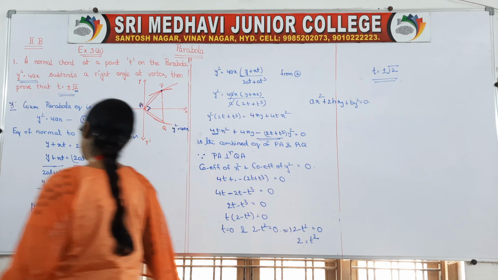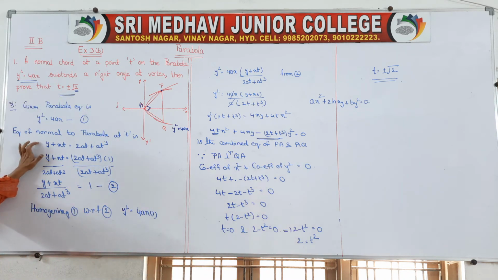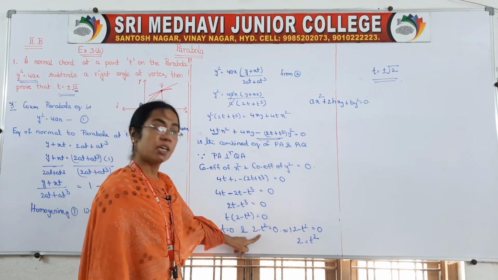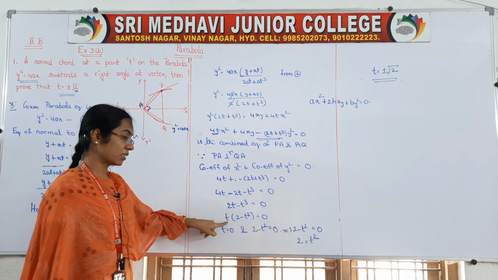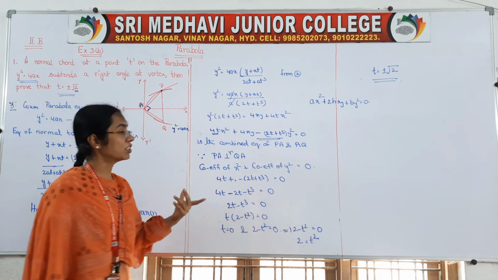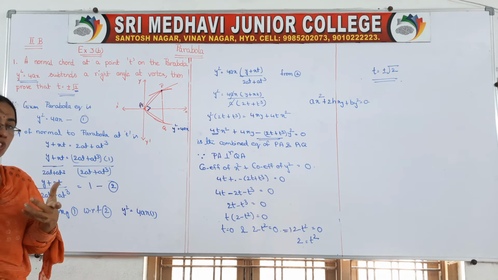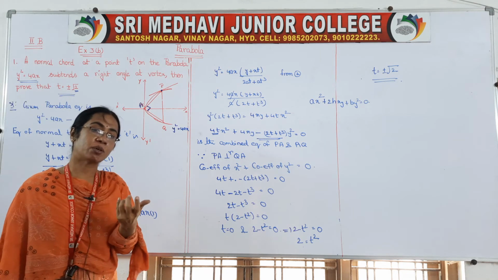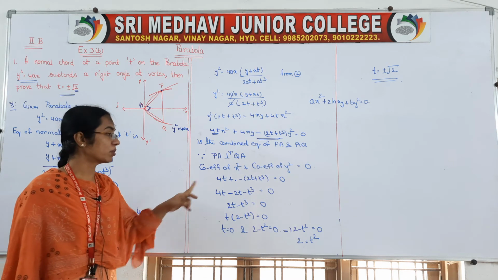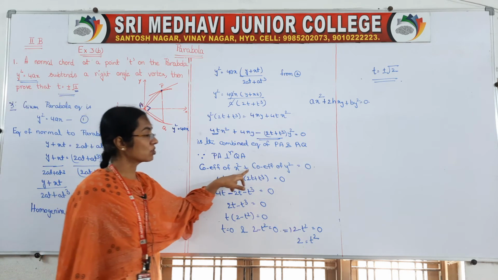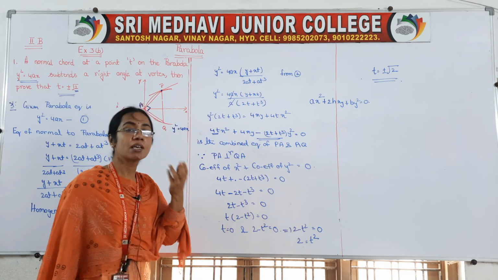If we take t is equal to 0, we can't take this normal to the parabola in terms of t. We cannot take the t value as 0. So we can go for the next equation. Two equations we got with this combined equation of PA and AQ. The lines are perpendicular to each other. Whenever two lines are perpendicular to each other, the coefficient of x square plus the coefficient of y square must be taken as 0.